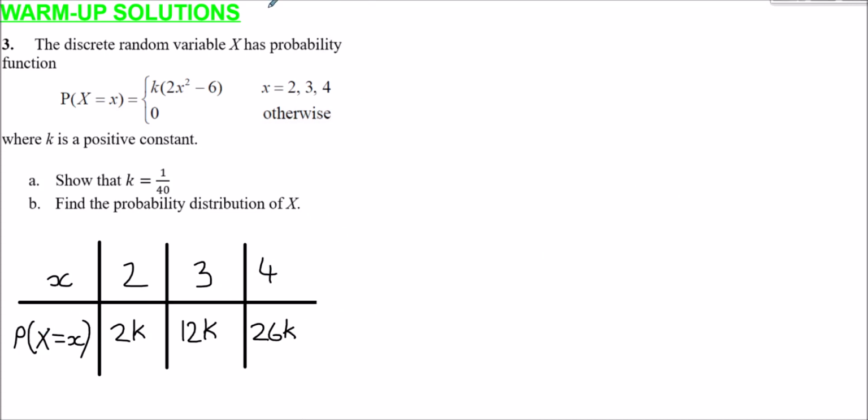Now ultimately this goes back to GCSE. So the sum of all probabilities of all the possible outcomes for any event totals 1. So therefore we can say 2k plus 12k plus 26k must total to exactly 1 whole unit. 2 plus 12 is 14, so that's 14k, plus 26k, that's 40k.